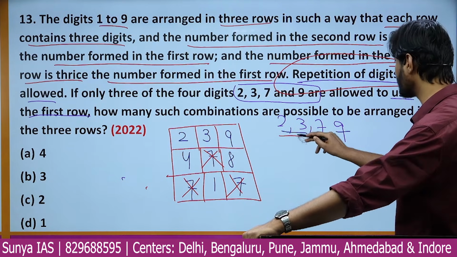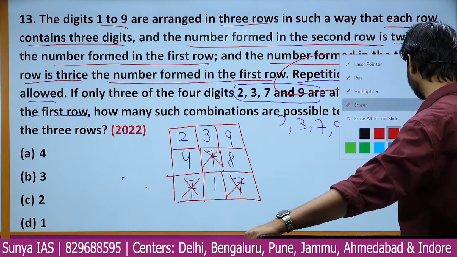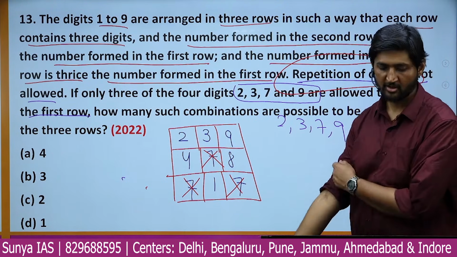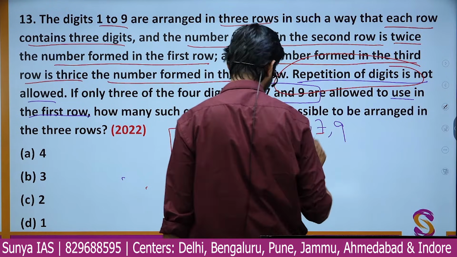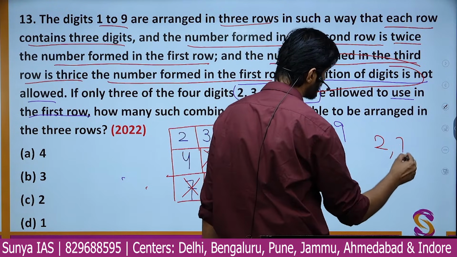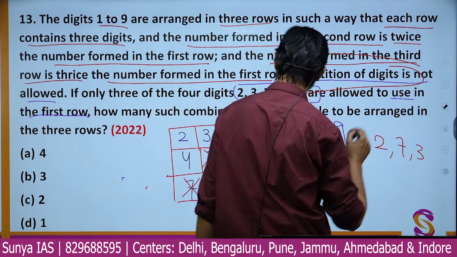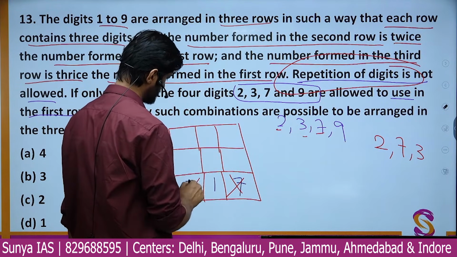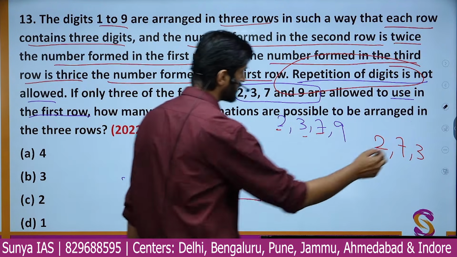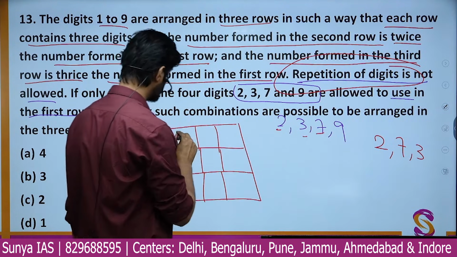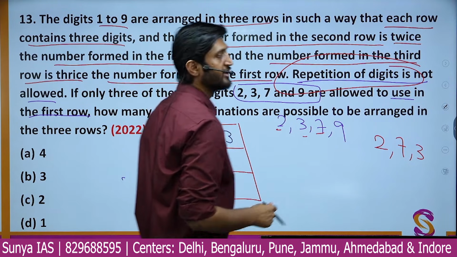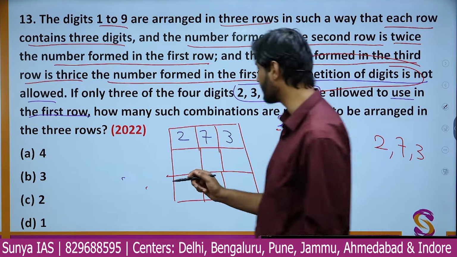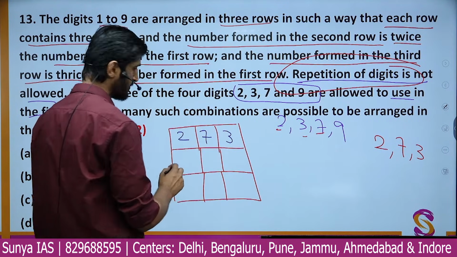What about another set now? Let us choose 2, 7 and 3. So we are taking 2, 7 and 3 for example, and we'll fill the values with these numbers. We're filling the first row with 2, 7 and 3. Now the second number is nothing but 2 times the first row, which will be 546.